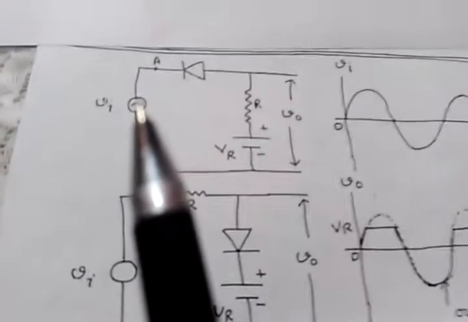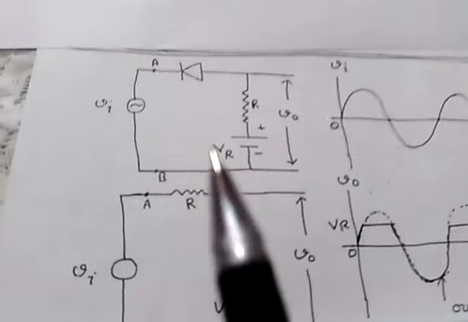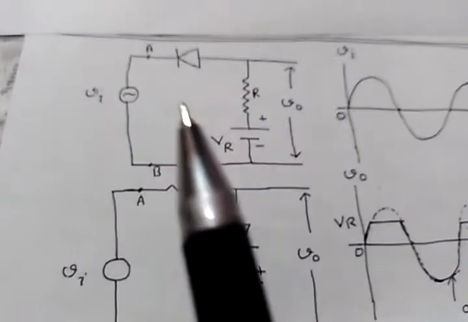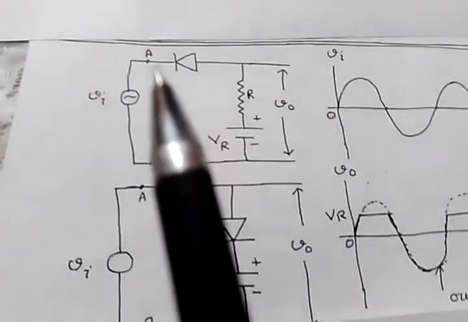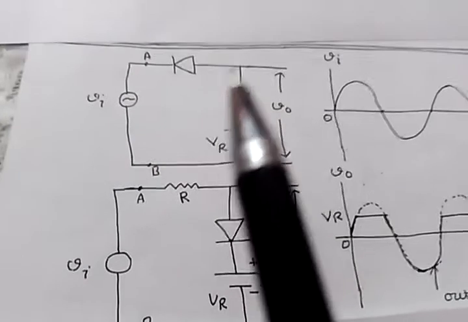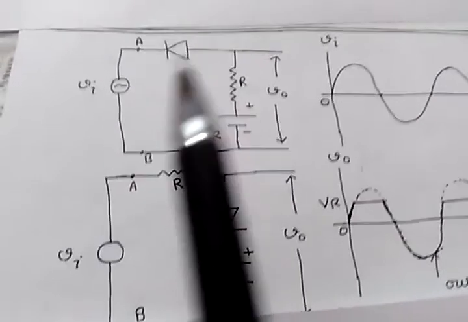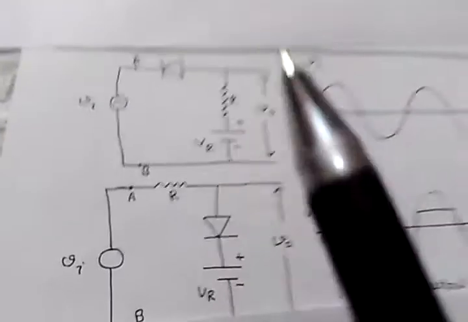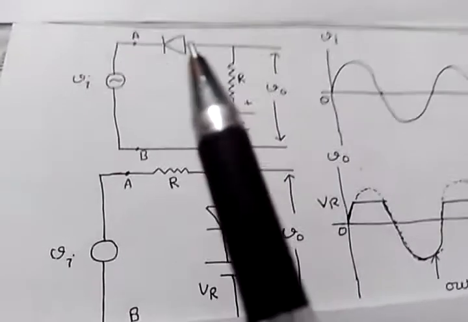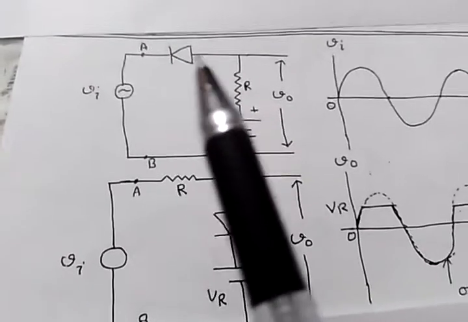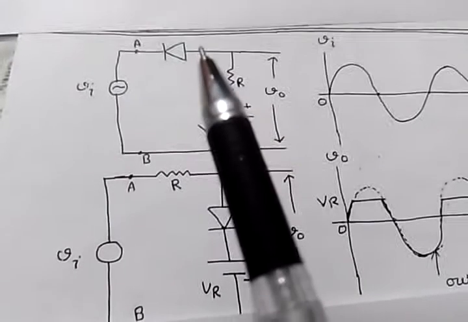This is the case when input signal is less than VR. In this case, N region will be at lower voltage than P region. So diode will be in forward biased condition. When diode is forward biased, we can replace this diode by a short circuit.